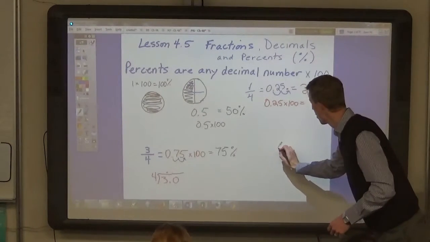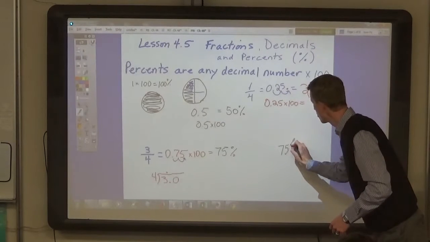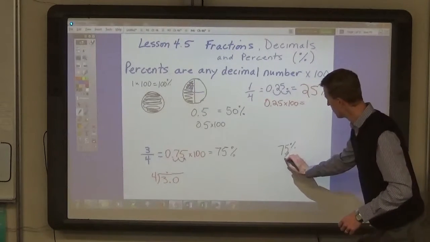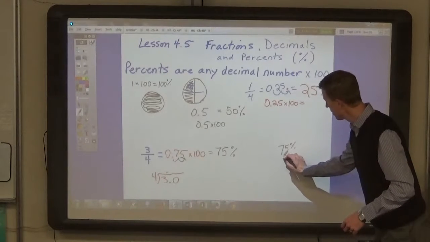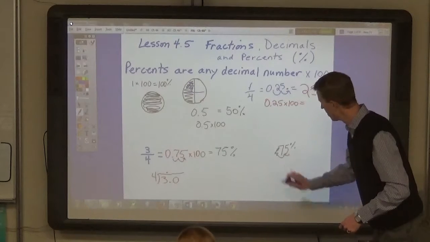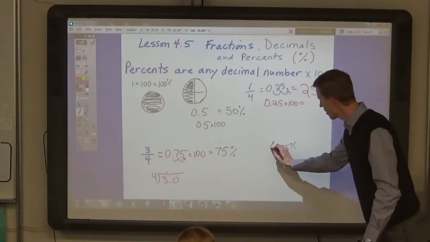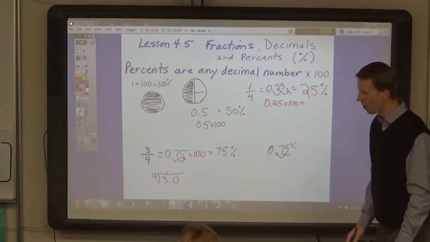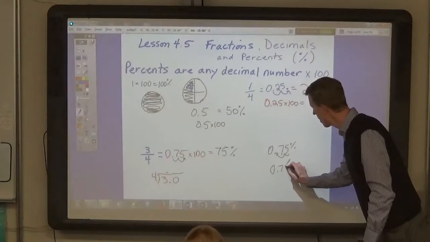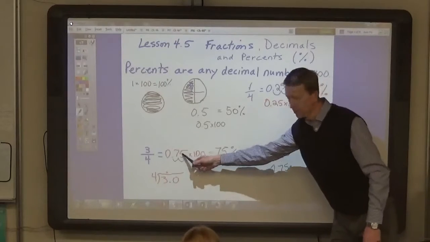So, if we're starting with 75% and we have to write it as a decimal, we would move the decimal place 2 places to the left to put the decimal point, and then put a 0 in front of it. So the answer is 0.75, isn't it?